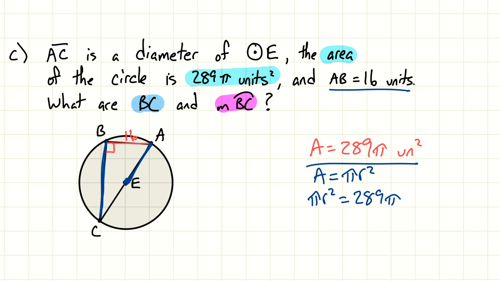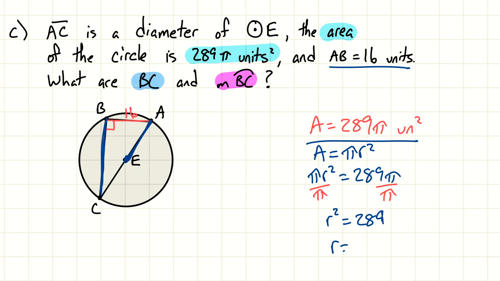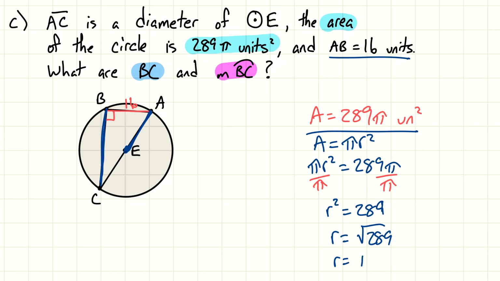So let's divide both sides by pi, which leaves us with radius squared equals 289, which then means our radius is equal to the square root of 289. If we take the square root of 289, luckily this is a nice number, so this is 17.